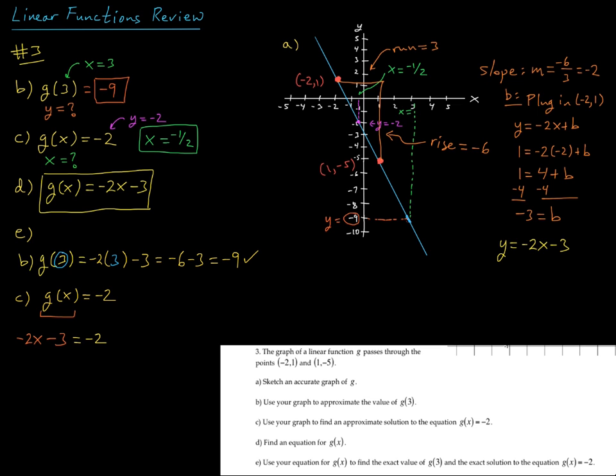So we can add 3 to both sides, and that's going to give us -2x equals -2 plus 3. This is going to give us a positive 1, and dividing, I get that x is -1/2, and that's in agreement as well with part C.